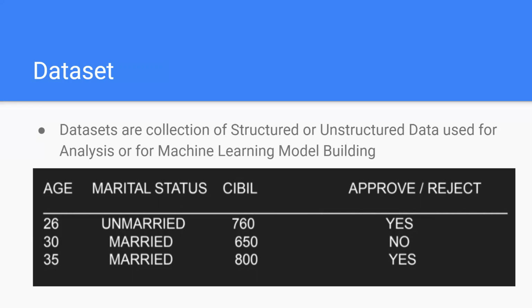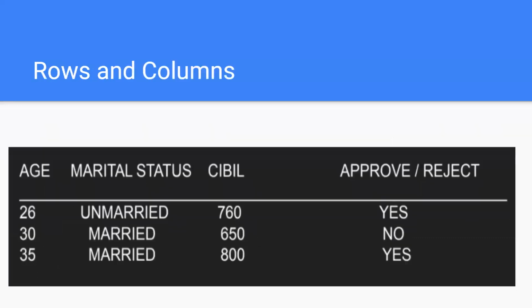Clear? Shall I proceed? Go to the next slide. So rows and columns.